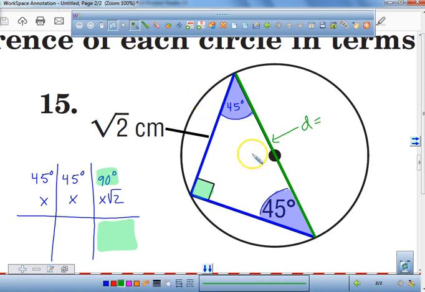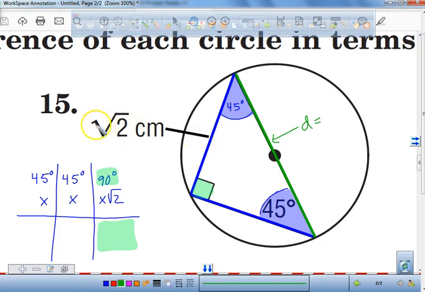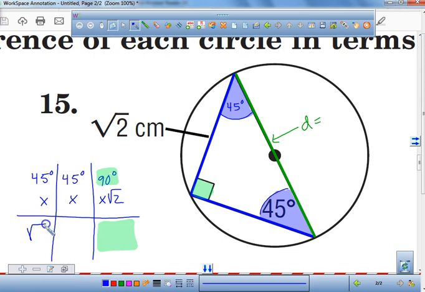Okay, so do we know this side right here? Yes, we do. What's that length? Square root of 2. You're right. Well, if this is the square root of 2, and this is side x, what does this side have to be as well?